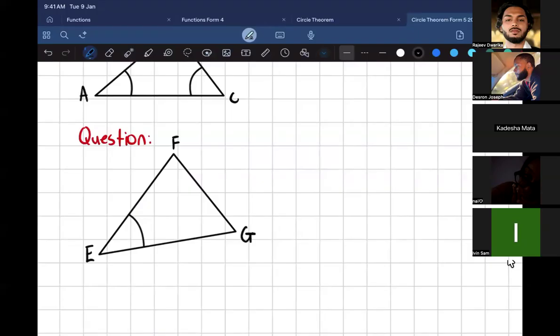If you had to say what angle E looks like, how many degrees? 180? Let me show you what 180 would look like. This would be 180 degrees. Oh, no, 45.